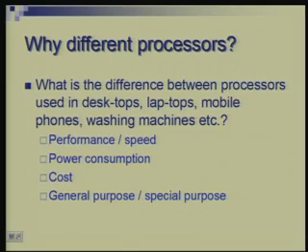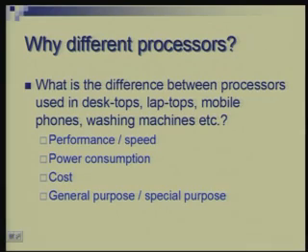What is the difference? All work on the principle of having an instruction set and executing instructions one by one. What is the difference in these cases? Of course, there may be differences in instructions. There may be tremendous differences in terms of performance or speed. There may be a lot of difference in terms of power consumption and cost.